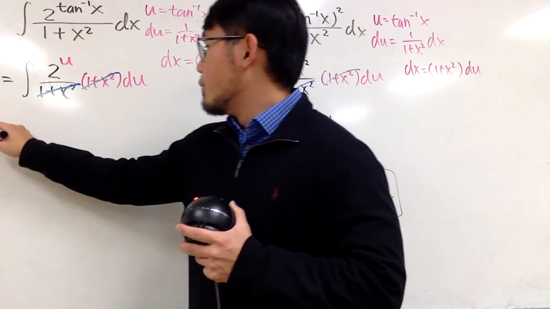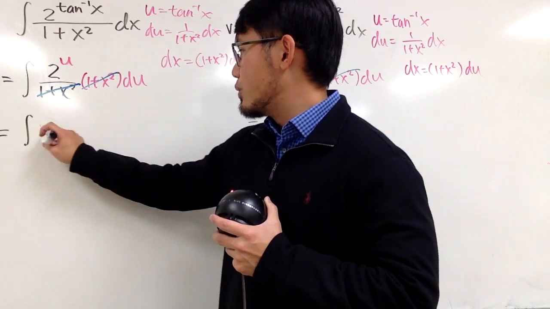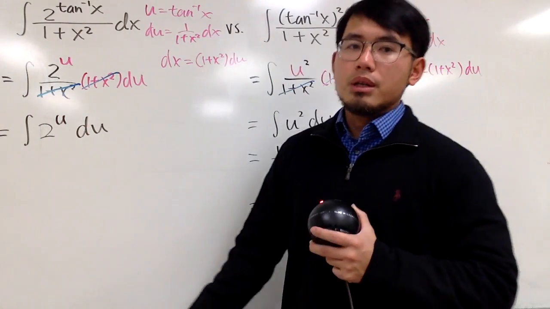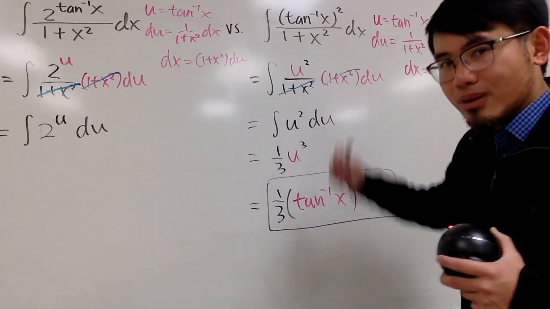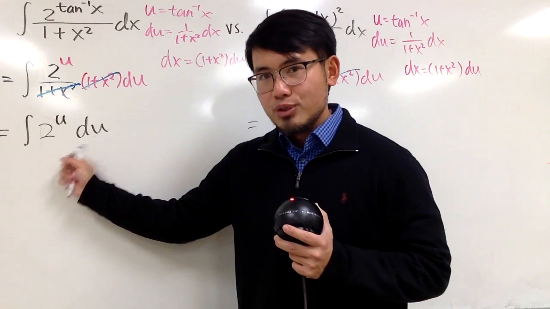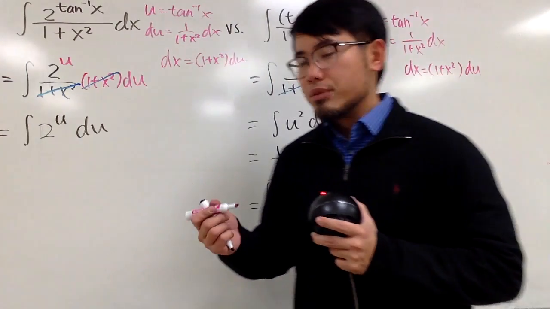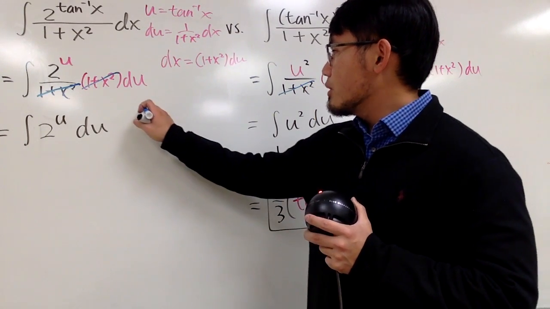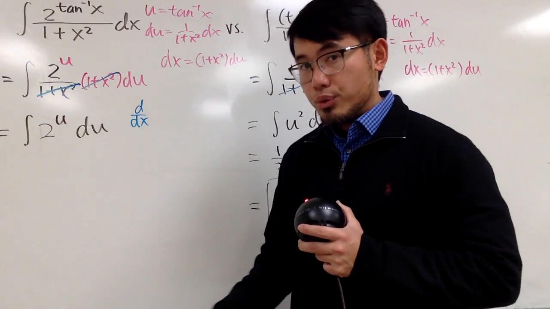Now here's the deal. We have to integrate. This is not u squared anymore. This is 2 to the u power du. So you have to know how to integrate by using the power rule, and now this is the exponential rule. So here is what you have to remember. Perhaps I'll put this down right here in blue for you guys. Remember, yes, e to the u is easy, but 2 to the u, you do the following.